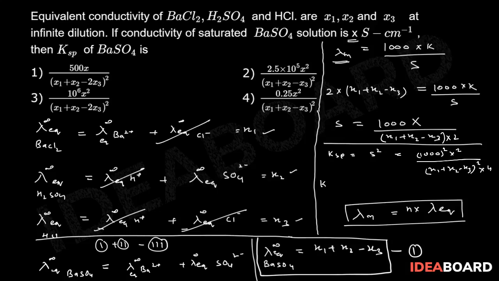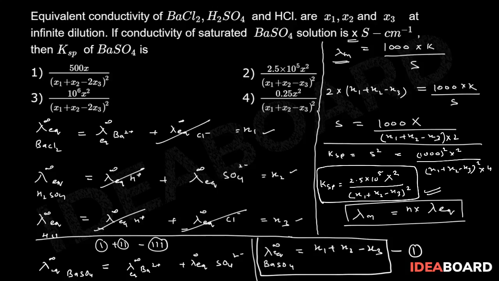So if you solve this, the value of Ksp will turn out to be 2.5 into 10 raised to the power 5 X square divided by X1 plus X2 minus X3 whole square. So this is the value of Ksp for BaSO4, and this value is given in option 2, so option 2 is the correct answer.